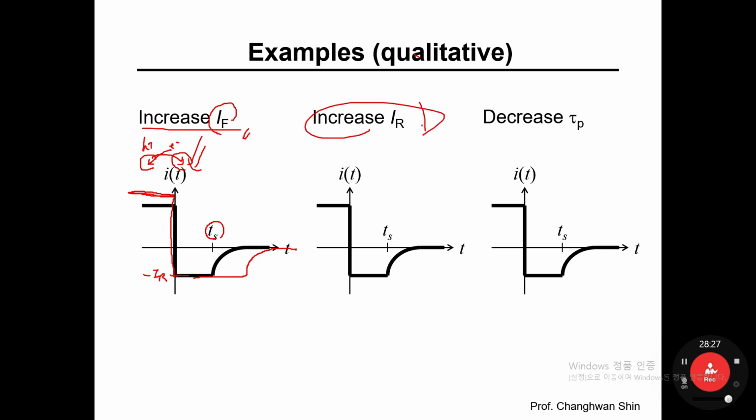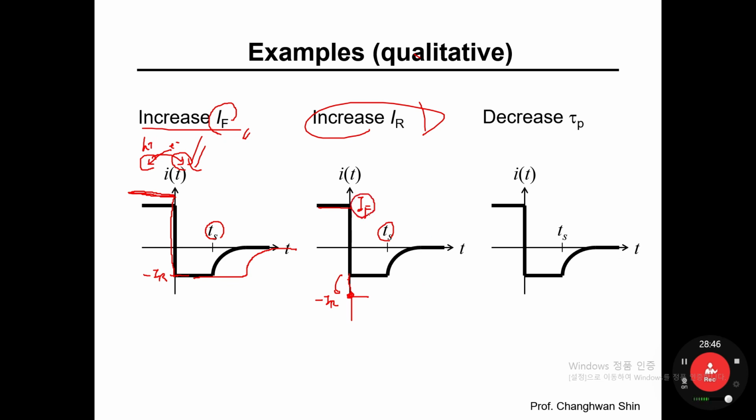All right. What about this? Increase IR. So that means IF is the same, but you would like to increase IR. Suppose that this minus IR has been increased, then does Ts become short or long?